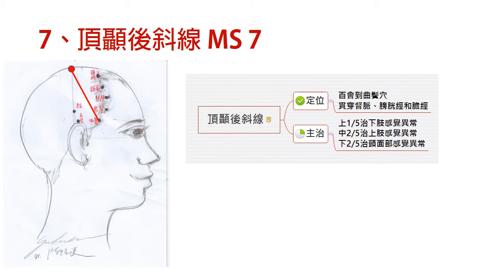And the middle 2/5 of this area is for pain, numbness, or paresthesia of the contralateral upper limb. And the last one, the lower 1/5 of this area is for contralateral facial numbness, migraine, or trigeminal neuralgia, or toothache, or temporomandibular arthritis.